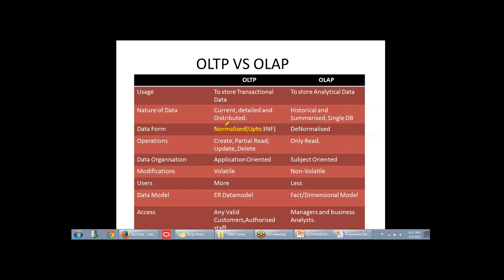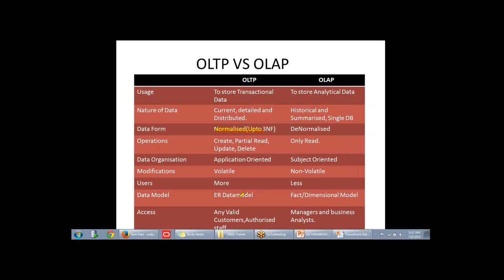But whatever data is joined in a complex way in the OLTP system, while transferring into the OLAP system, they will take utmost care that these many joins are avoided, even though they are not much bothered about repetition of data and wastage of space in the data warehouse. They will be bothered more about the number of joins because they want to minimize them.